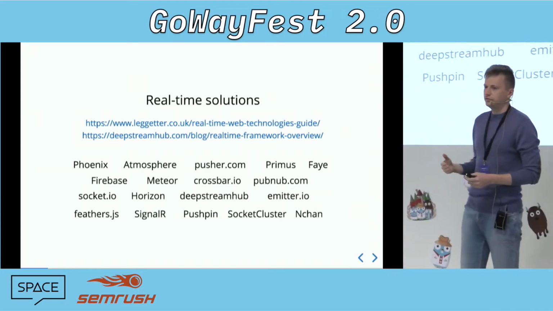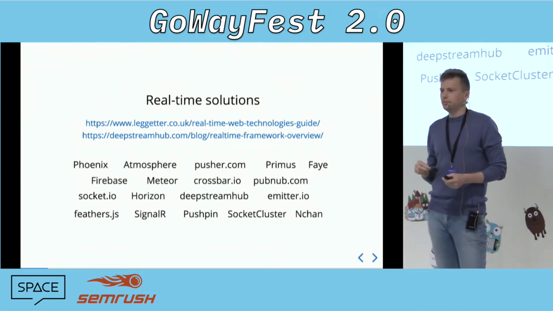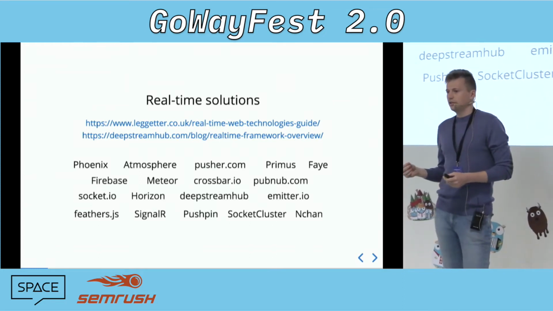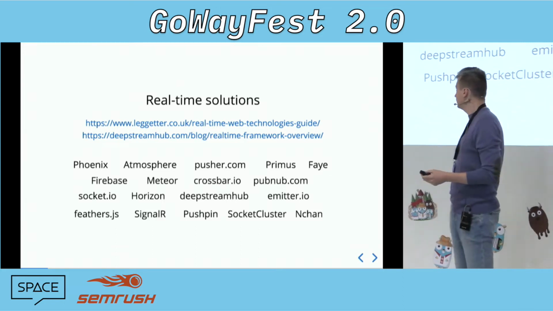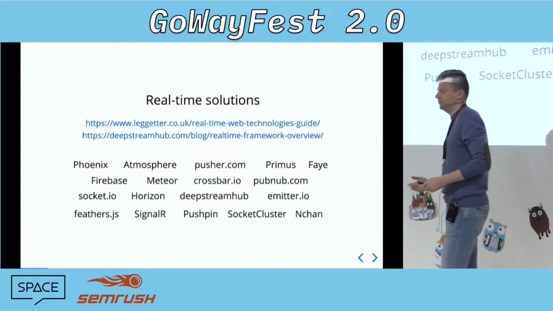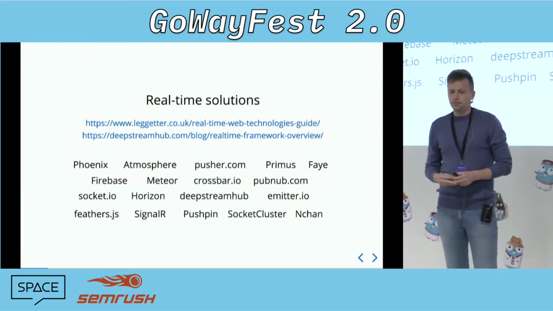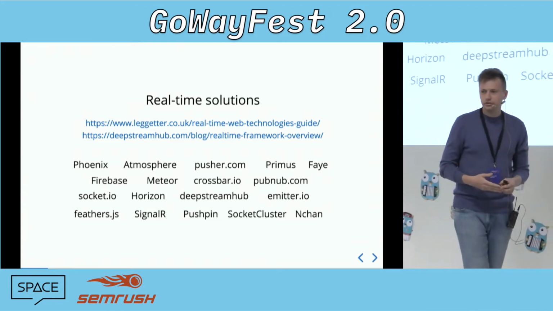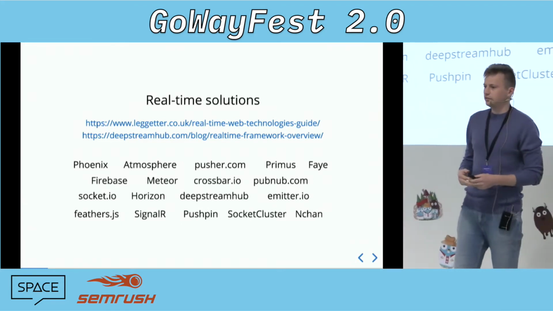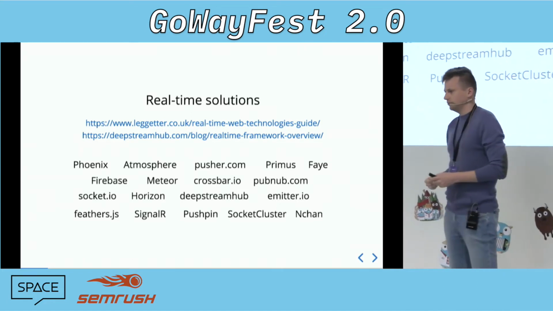For example, you have to take into account, do you have an existing application or you start an application from scratch? Are you ready to pay for a real-time solution? What backend and front-end languages do you use? And of course, you should consider the nature of the task you need to solve.